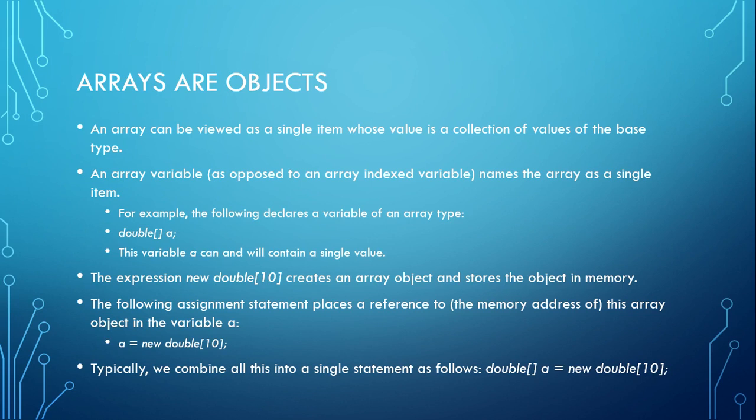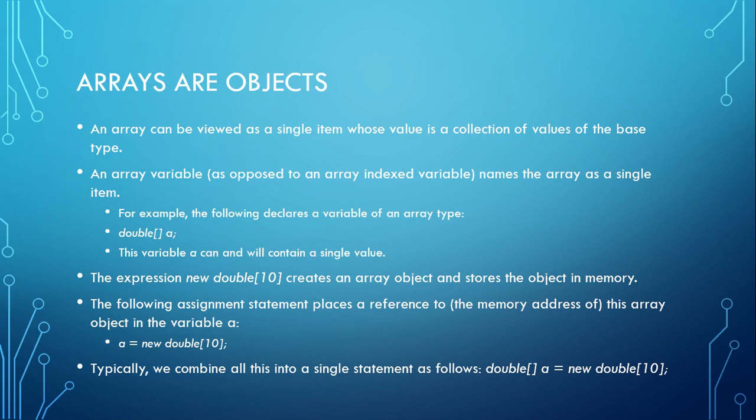Typically, we will combine this all into a single statement as follows: double[] a is equal to new double[10]. You can see syntactically, it's not really any different than how we've been creating our arrays. It's more of just the thought process behind how we're creating these arrays.